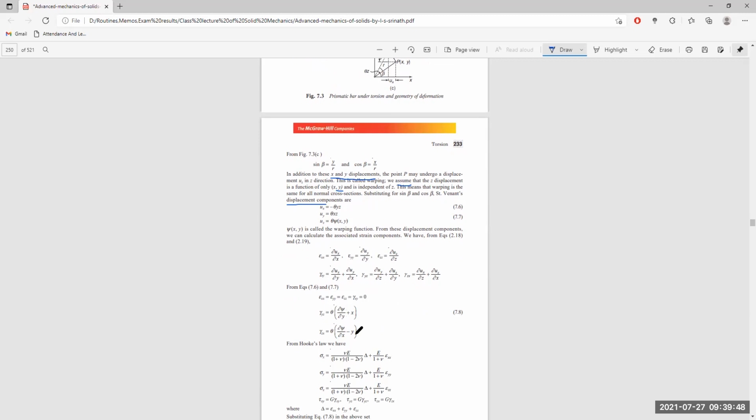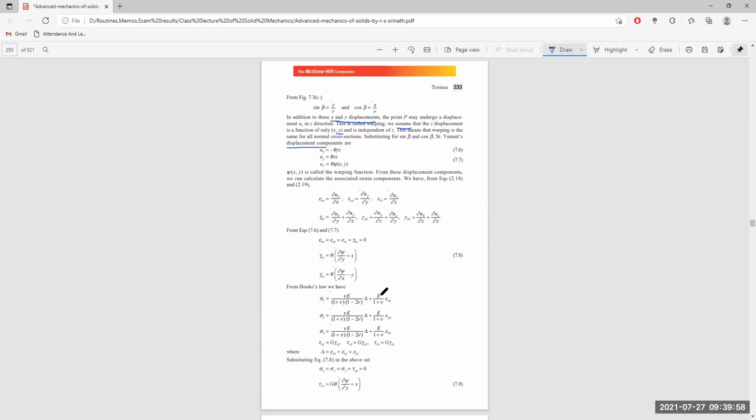From Hooke's law, we know what sigma x, sigma y, and sigma z are: sigma x equals gamma e into delta plus e divided by 1 plus gamma into epsilon xx, and similarly for sigma y and sigma z.